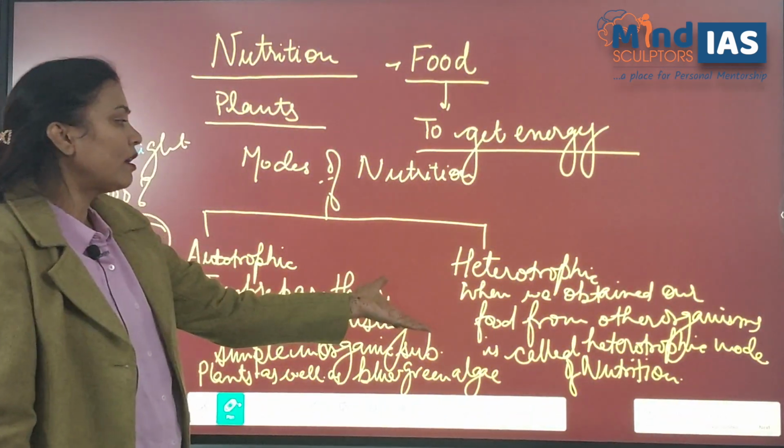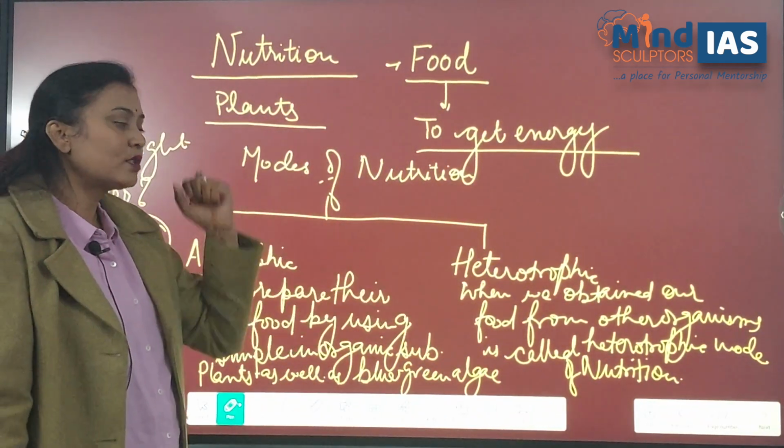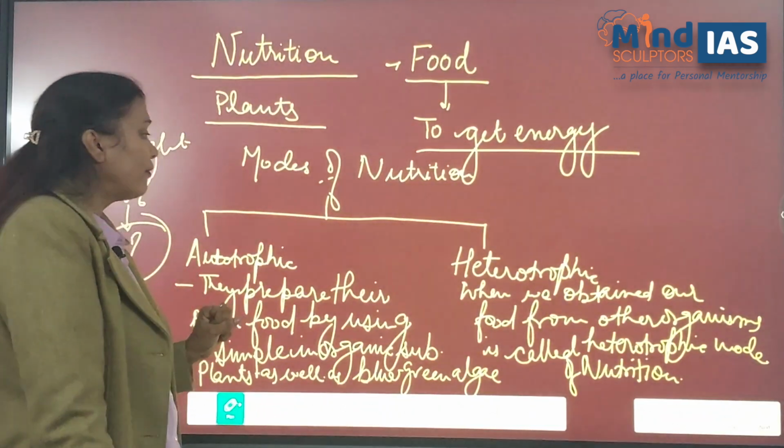So when we obtain our food from other organisms, it is called heterotrophic mode of nutrition.